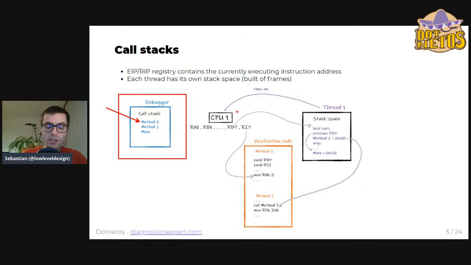If we look at the current state, let's say that we are stopped at the debugger. What is happening right now? At the moment when the debugger stopped the application, the CPU's RIP register had the address of this assembly instruction, so the instruction pointer was pointing to some offset in method 3.